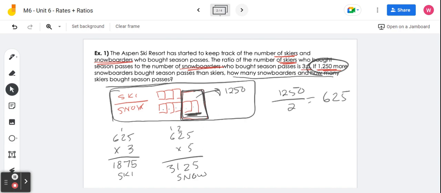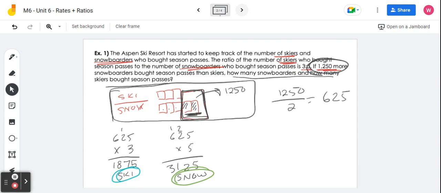We divide by 2 to let us know what one piece of tape in our diagram is representing. That's 625 people. And then we use that to figure out the number of skiers compared to the number of snowboarders. I'll give you a moment to make sure that that's in your notebook as well.